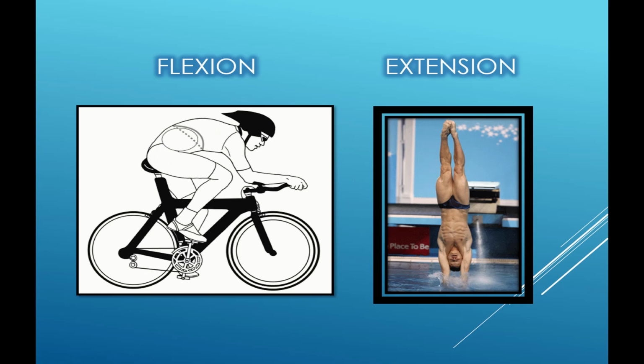We mentioned that earlier, but you can see here that the cyclist is flexing his vertebrae, and therefore this is decreasing the angle between the hips and the shoulder, and because we're decreasing the angle, we know this as flexion. And you can see here that the spine is extended, the angle between the hips, the chest and the shoulder has increased, and therefore it is known as extension.